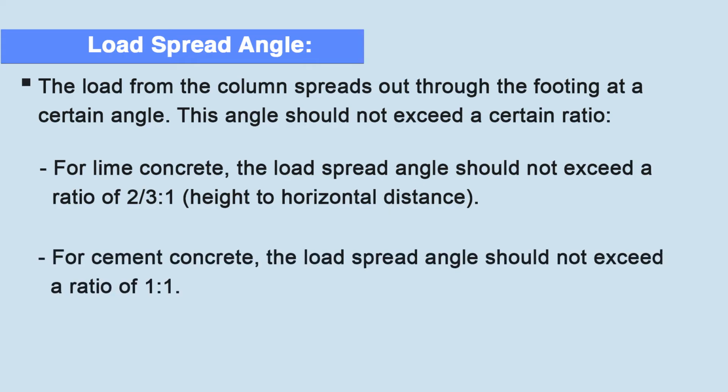For cement concrete, the load spread angle should not exceed a ratio of 1:1. This means that for every unit of height in the footing, the load can spread horizontally by up to 1 unit for cement concrete and up to 2/3 of a unit for lime concrete.